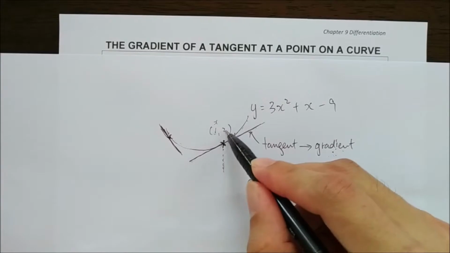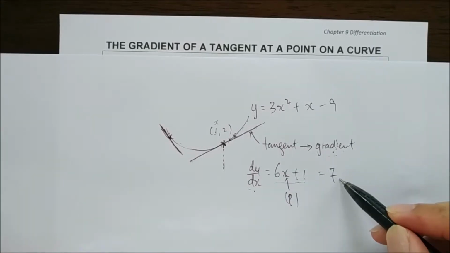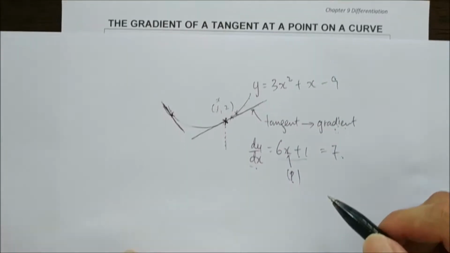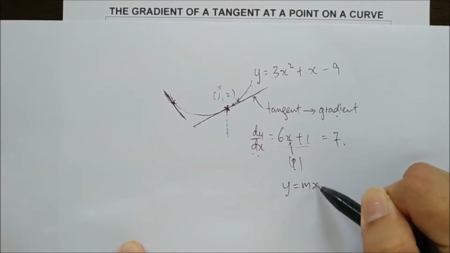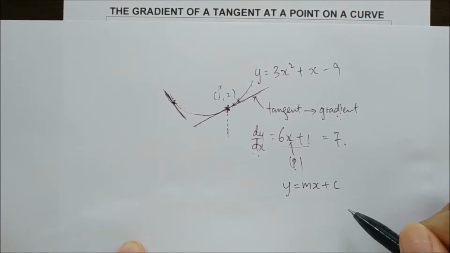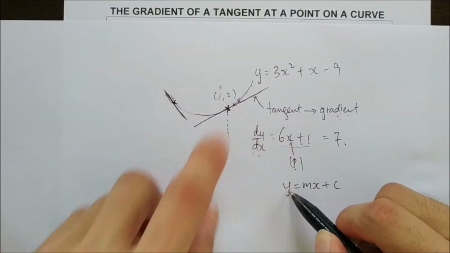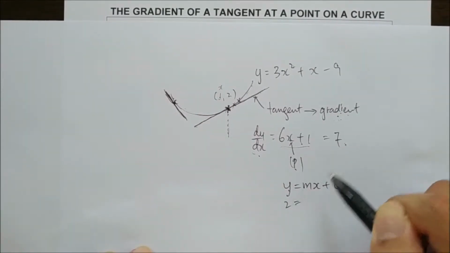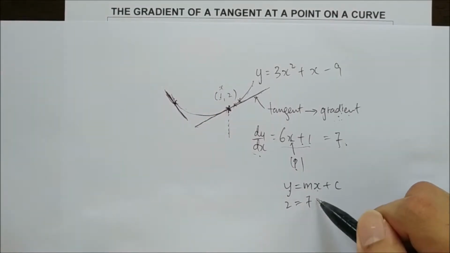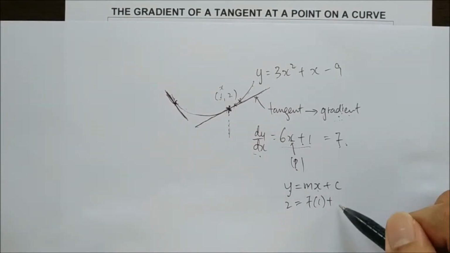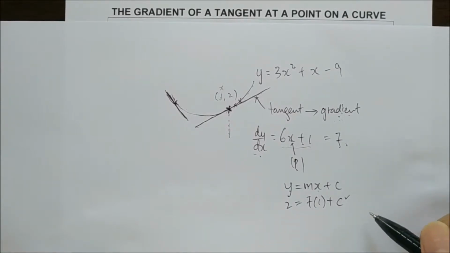Since we already have the point on the line and we have the gradient, we can substitute into the straight line equation, which is y equals mx plus c. So the y, we can take the value of 2, m will be the gradient, x will be the 1. So in this case, we can find the value of c.